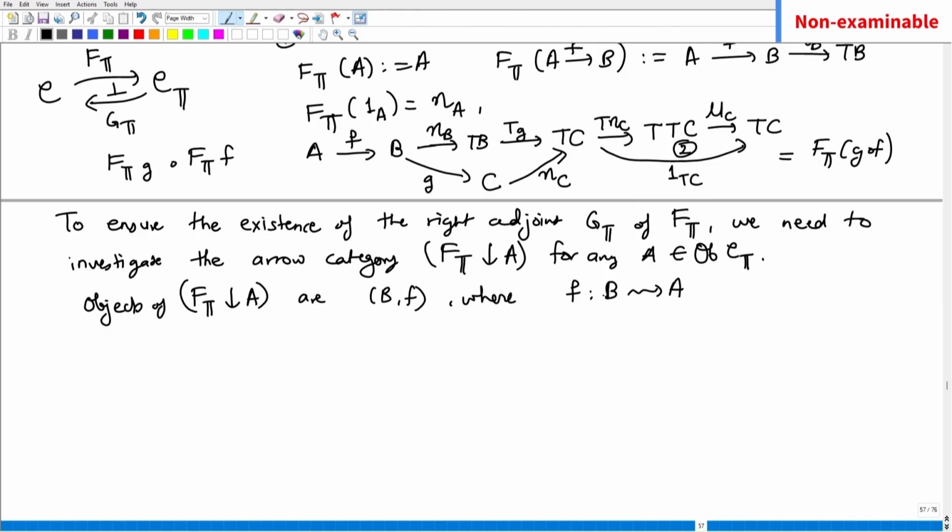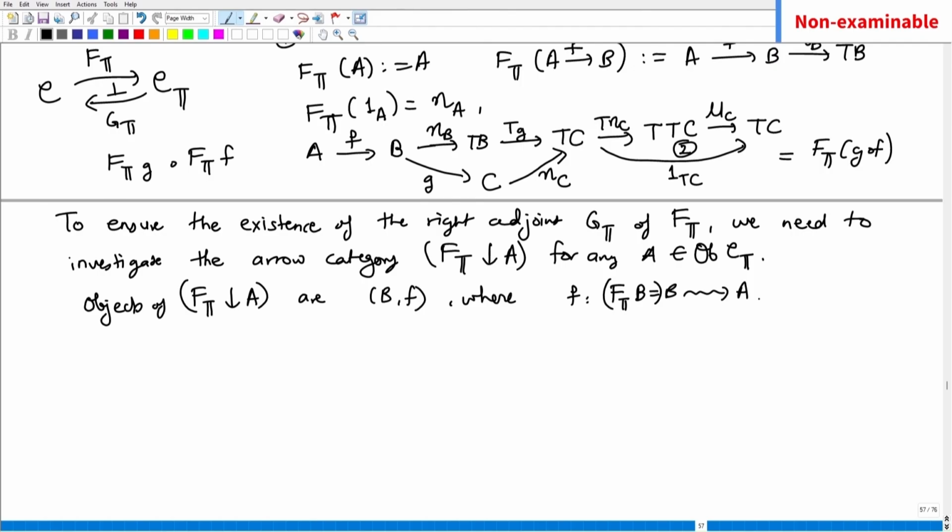Whenever I am writing B to A, I actually mean, maybe I should specify, where F is a morphism from FTB, equal to B, to A. Which means it is a morphism from B to TA.